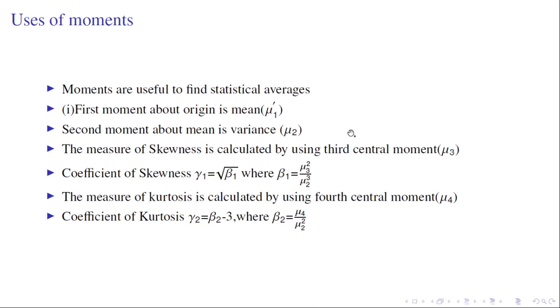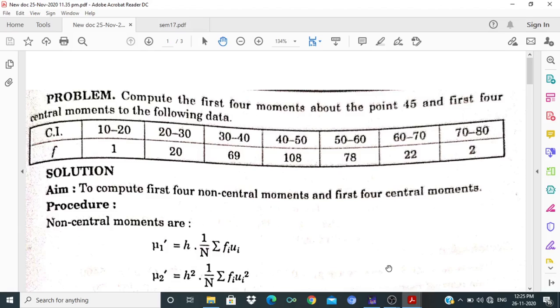Let us discuss one example for easy understanding of the concept of moments. Compute the first 4 moments about the point 45 and the first 4 central moments for the following data. The class intervals are 10 to 20, 20 to 30, up to 70 to 80, with these frequencies.